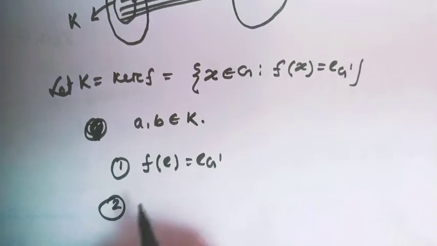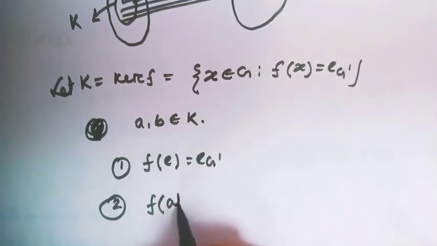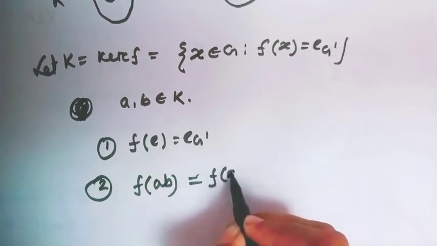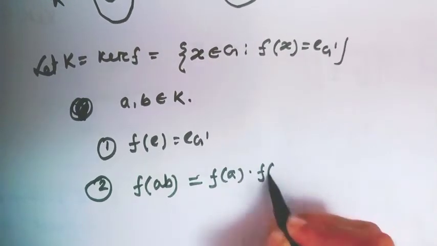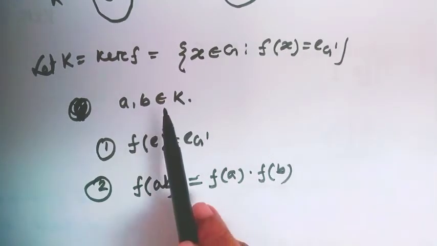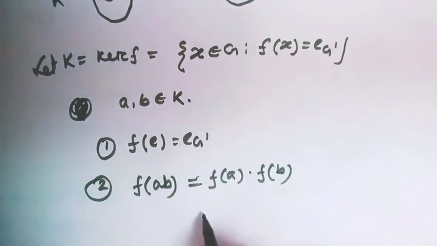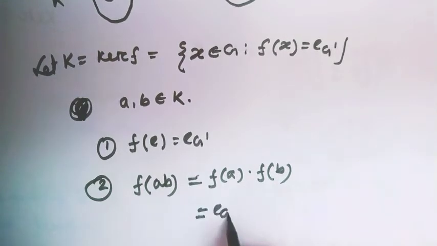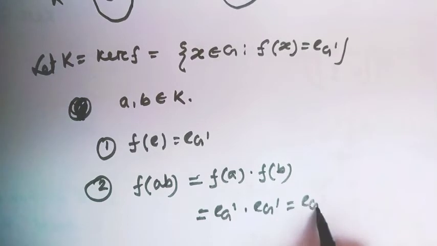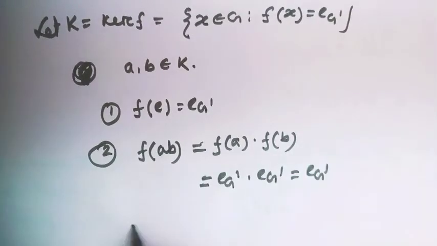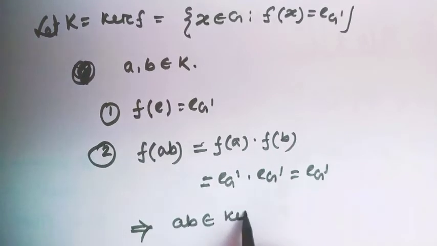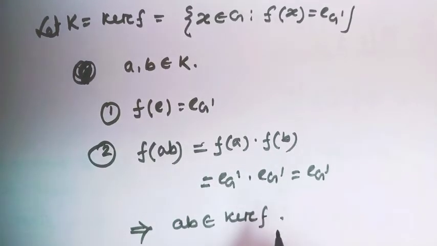Second property is f of ab equals, by the properties of homomorphism, f of a times f of b. Since a and b are members of the kernel, this would be e z dash times e z dash, which is equal to e z dash. So it implies ab belongs to the kernel of f.